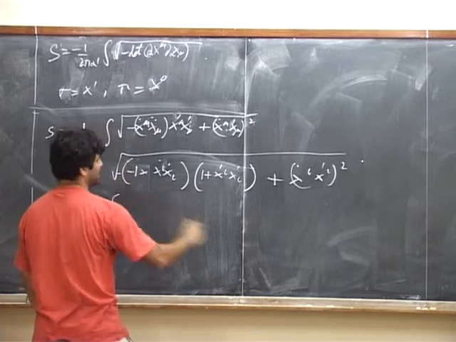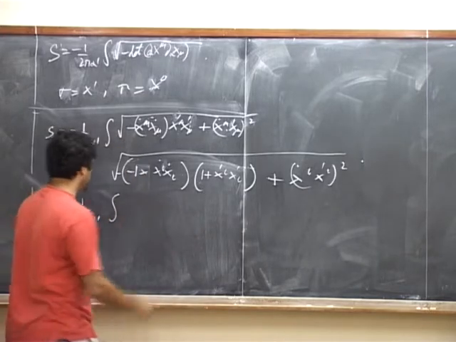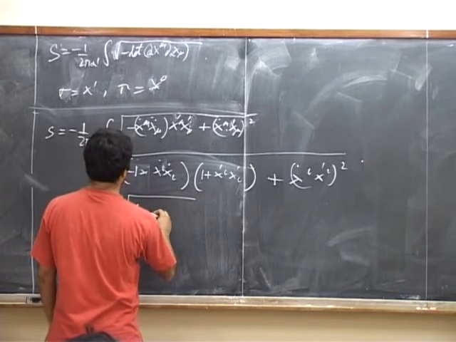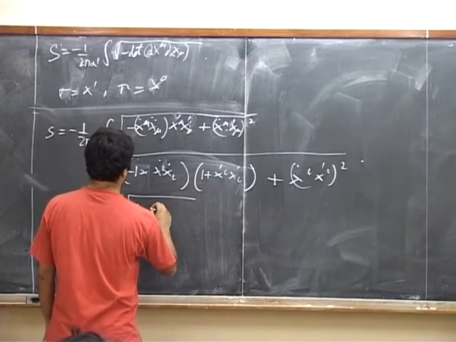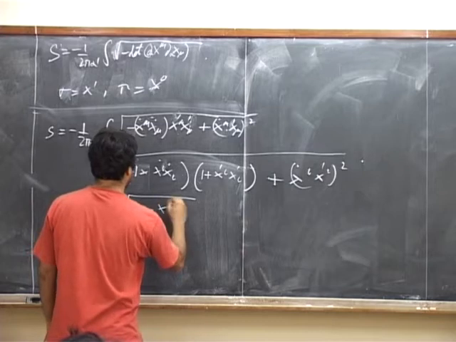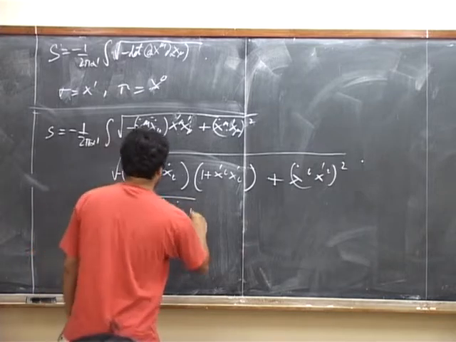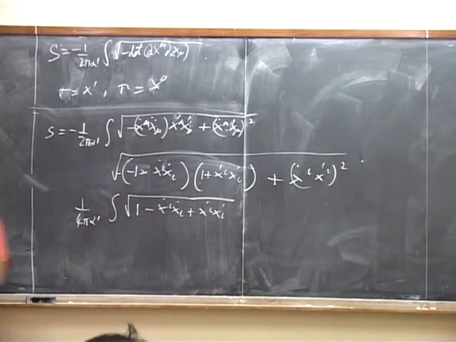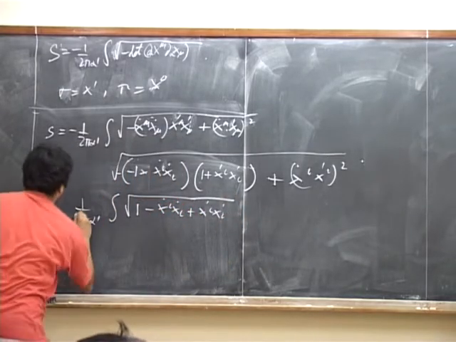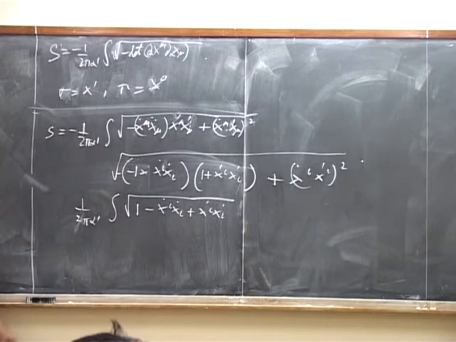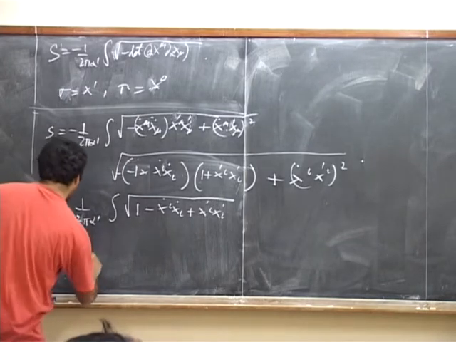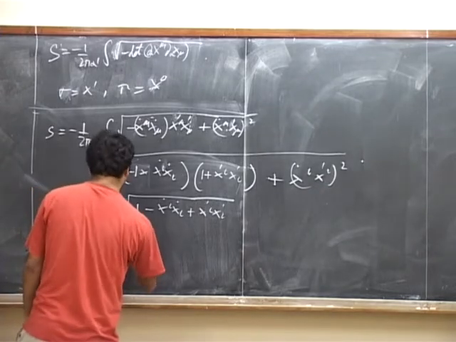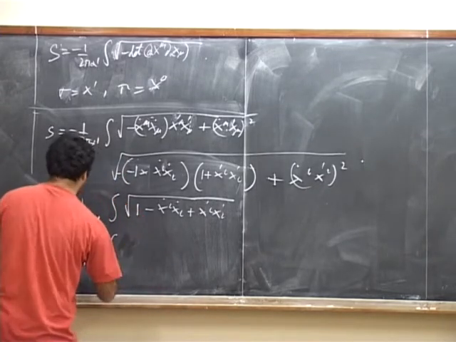and there was a minus sign here, from this minus sign. So we get integral of 1 minus xi dot plus xi prime xi. If I've written the square root, 2, which is equal to 1 by 4 pi alpha prime into integral of 2.